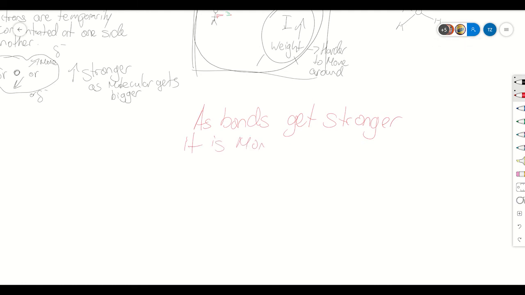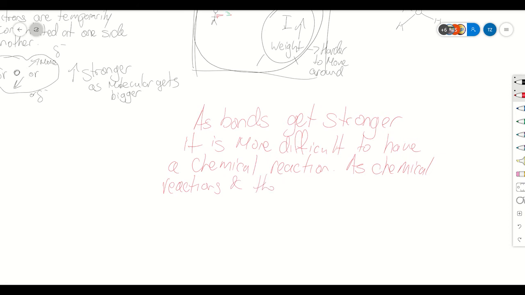It is more difficult to have a chemical reaction, as chemical reactions are the result of bonds forming, actually bonds breaking, and reforming in new arrangements.